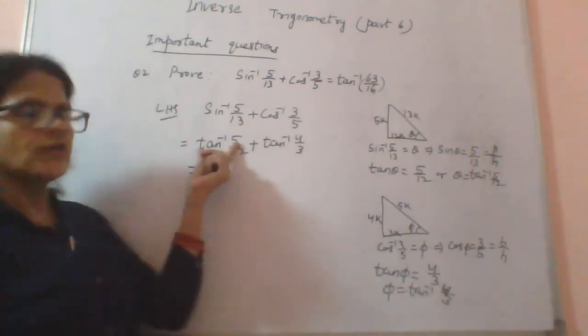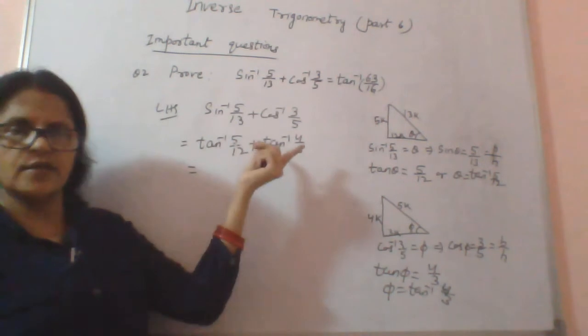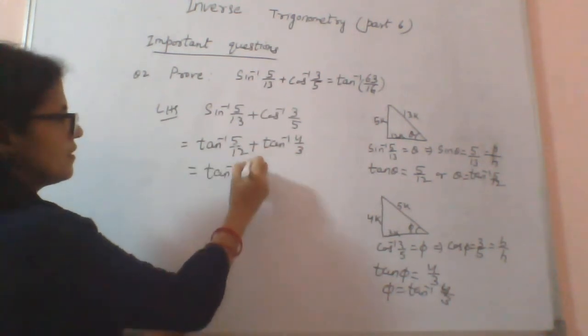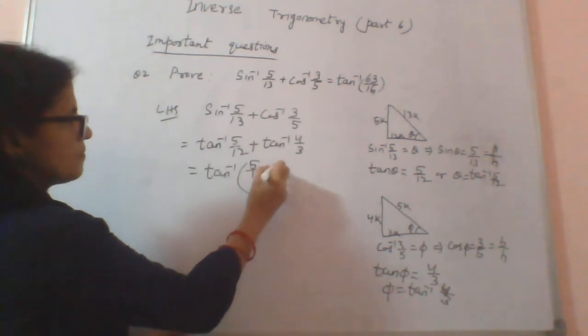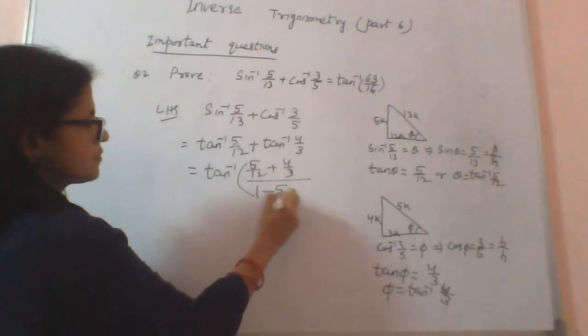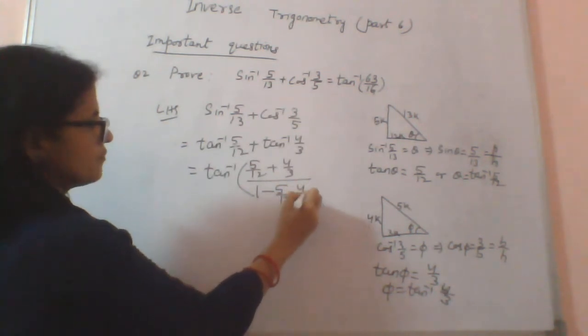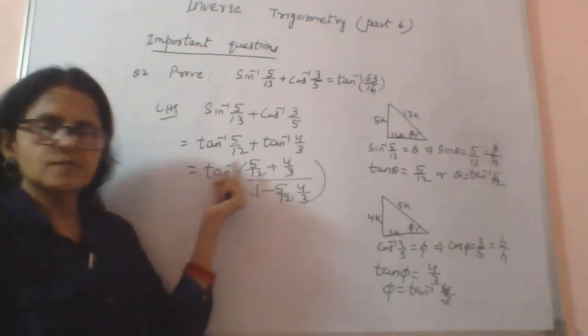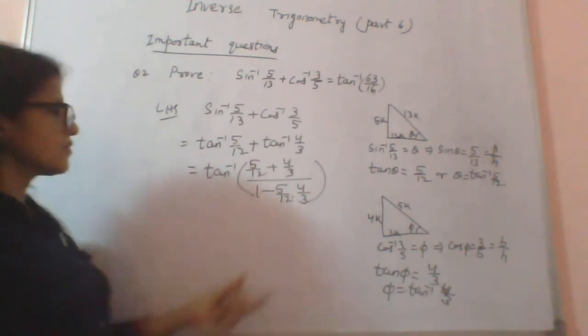So we are getting here tan inverse x plus tan inverse y. That is equal to tan inverse of x plus y by 1 minus xy, here 5 by 12 into 4 by 3. Means we are using tan inverse x plus y by 1 minus xy.